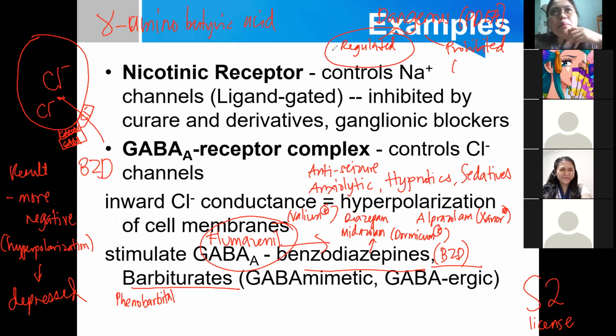What is an example of a hallucinogen? Ecstasy. Ecstasy is a hallucinogen. Shabu is a CNS stimulant. They are prohibited drugs, but shabu and amphetamine. Cocaine, ma'am. Cocaine is an anesthetic, but it is not a hallucinogen. Cocaine has a different effect.